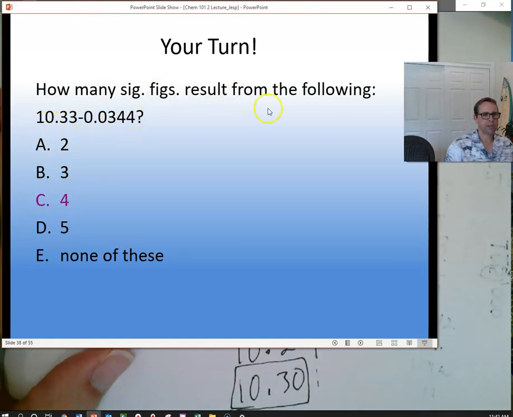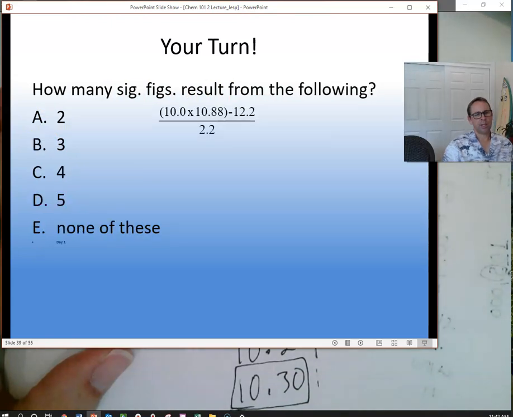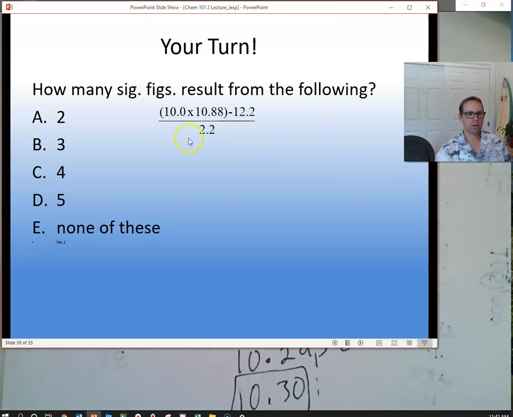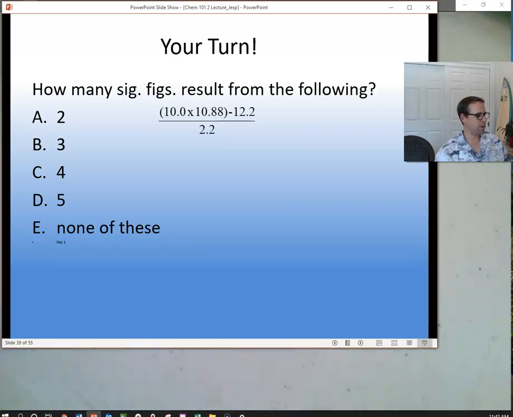Okay? Now here's a hard one. Let's see if we can do this one together, because it's mixed math. We have to follow the order of operations. And I don't know if you remember the order of operations. It's please excuse my dear Aunt Sally, or PEMDAS.